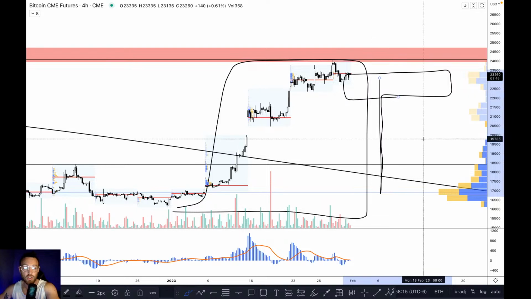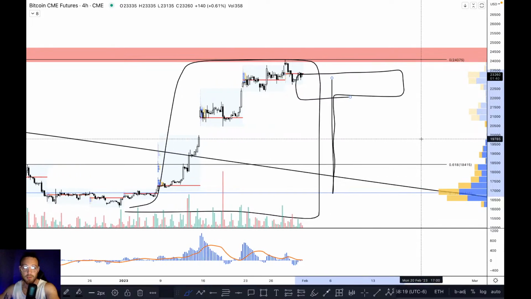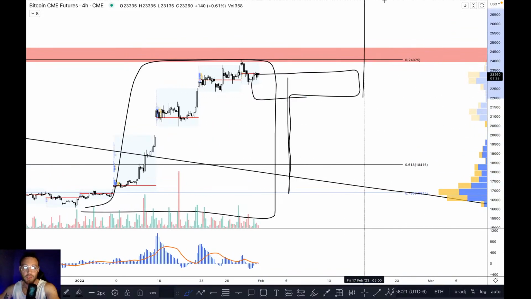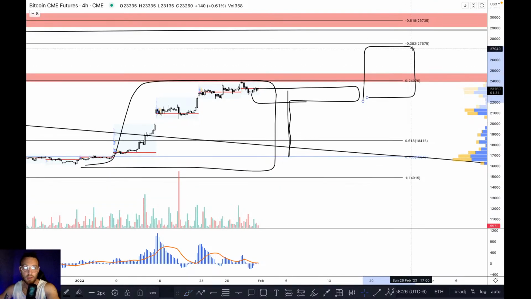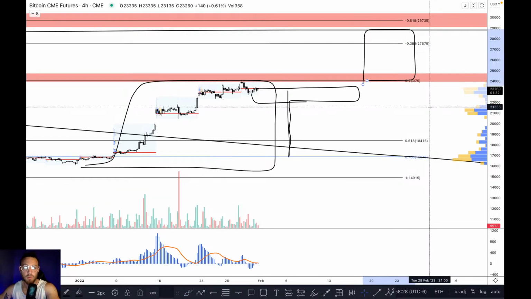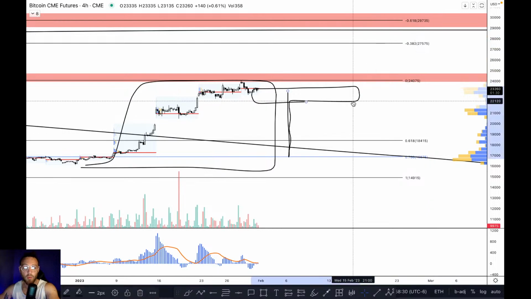That is an extremely bullish sign from a macro perspective, to have this thing just blast straight through right to 30K faster than we can even imagine.